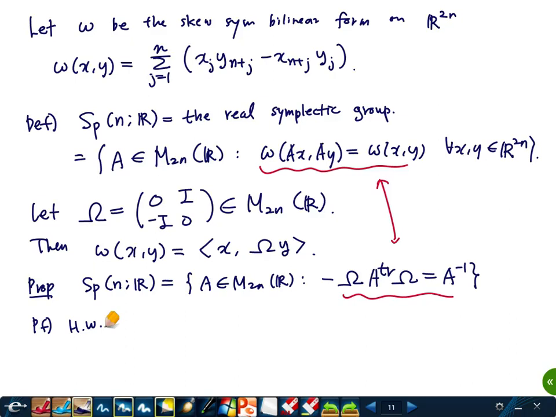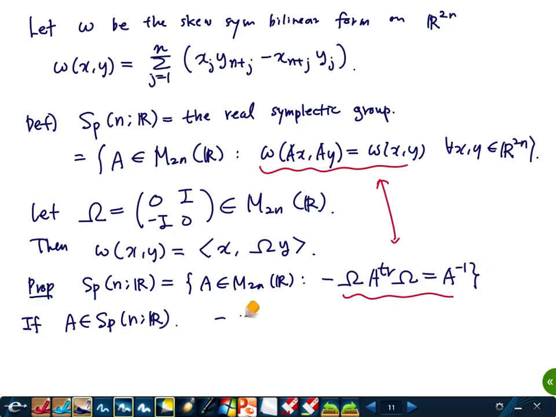I'm not going to do the proof of the homework now. An interesting consequence of this is that if A is in the real symplectic group, then we have this condition. Let's take the determinant of both sides.